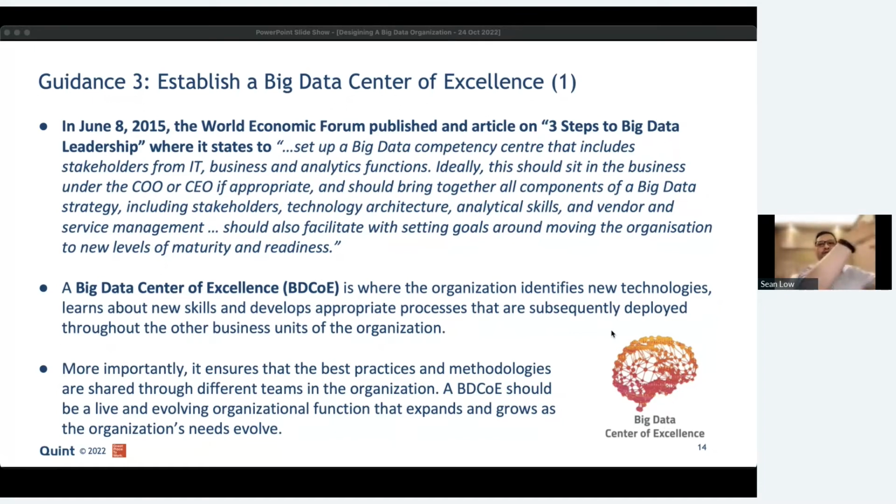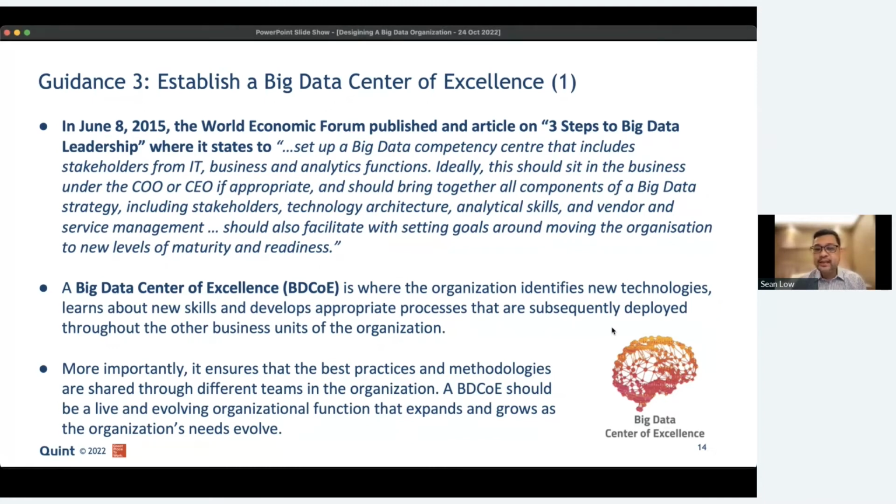And when the organization grows, right, and does more big data work, the center of excellence can provide further guidance, because they are the ones that are going to actually grow big data adoption, right? So the BDCOE is an important section that looks at providing structure and guidance for big data teams, right?